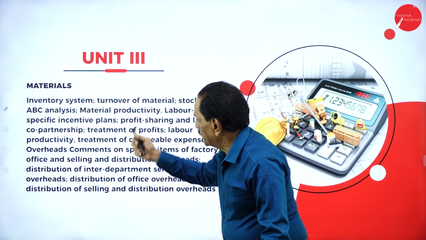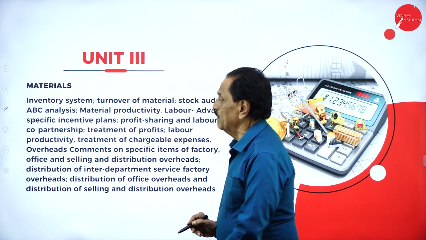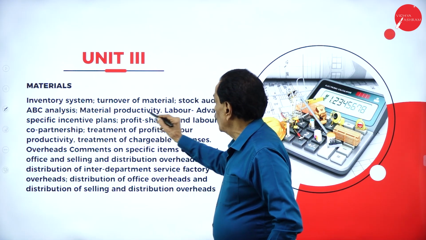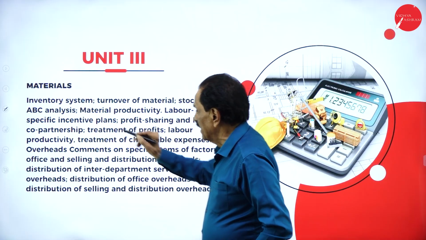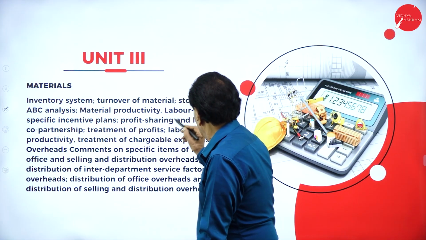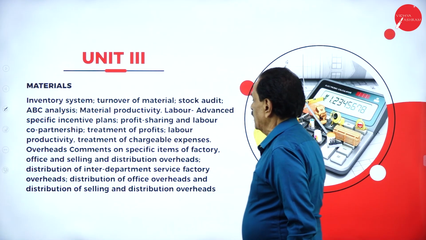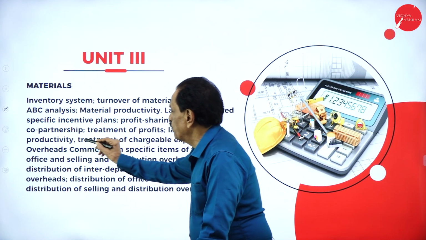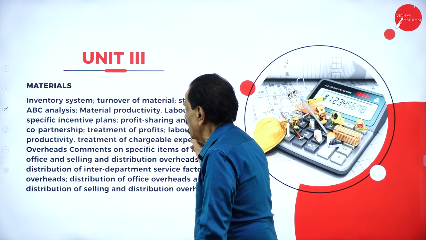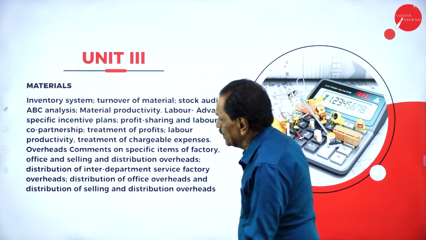Come back to Unit 3: materials, inventory system, meaning stock system, turnover of material, stock audit, ABC analysis, material productivity. Labor: advanced specific incentive plan, profit sharing and labor co-partnership, treatment of profit, labor productivity, treatment of chargeable expenses.